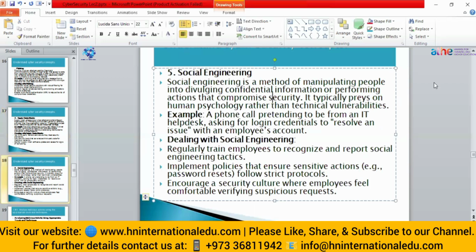Now we have social engineering, another kind of attack. Here it is a method of manipulating people. For example, a phone call pretends to be from an IT help desk. You might have heard, or maybe not, that in the past or future you get a call from a suspicious person saying, I am an IT help desk person, I need your login credentials to resolve an issue with an employee's account or some sort of your social media account.